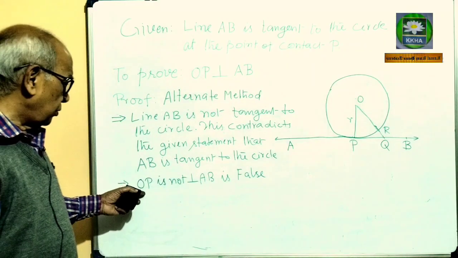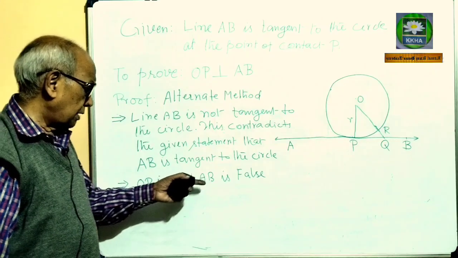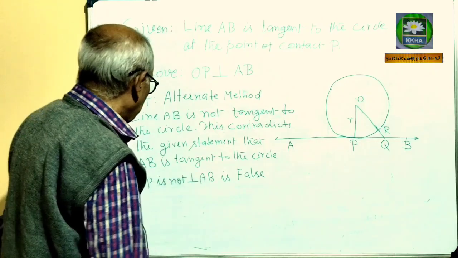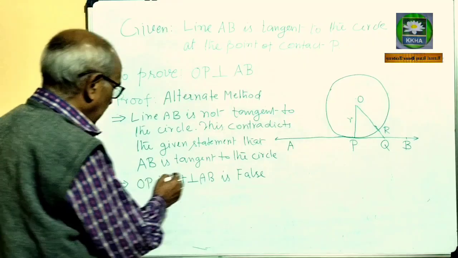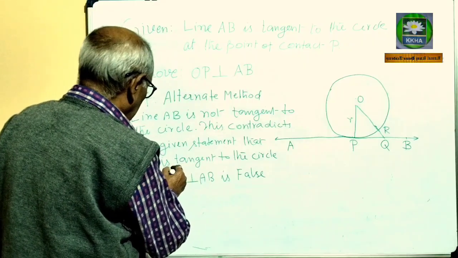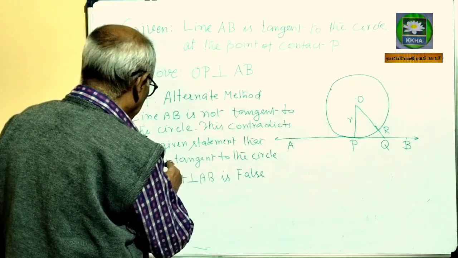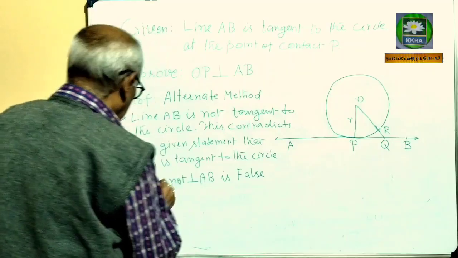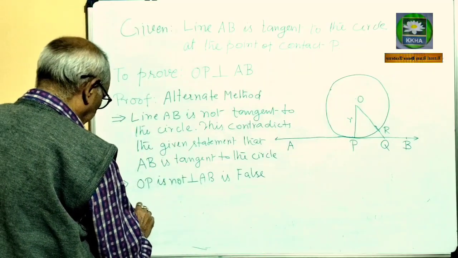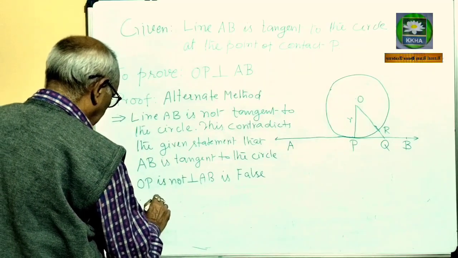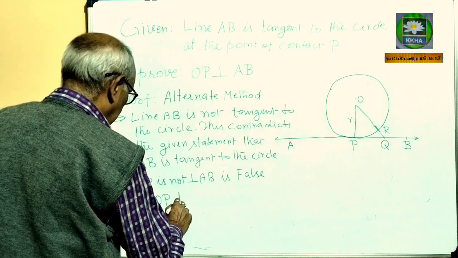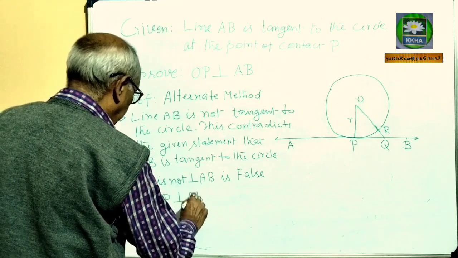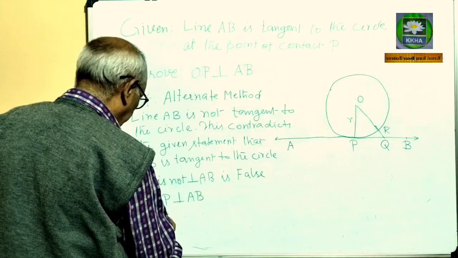When we assume that OP is not perpendicular to AB, we arrive at a wrong statement. Therefore, OP is perpendicular to AB.